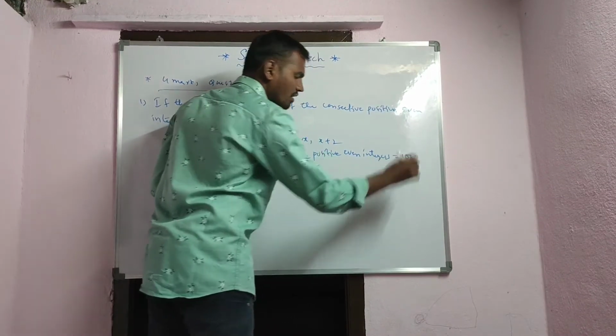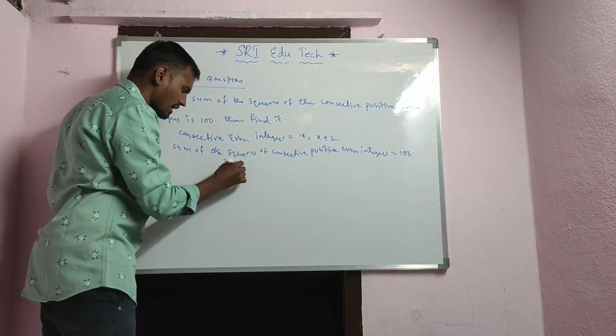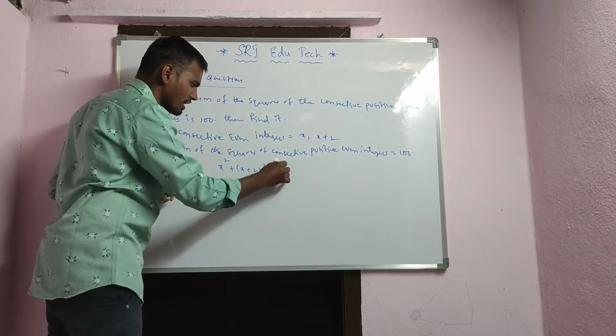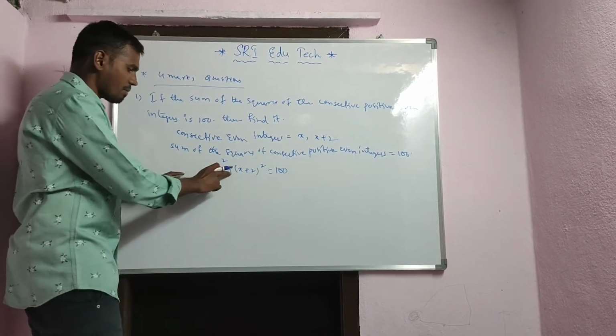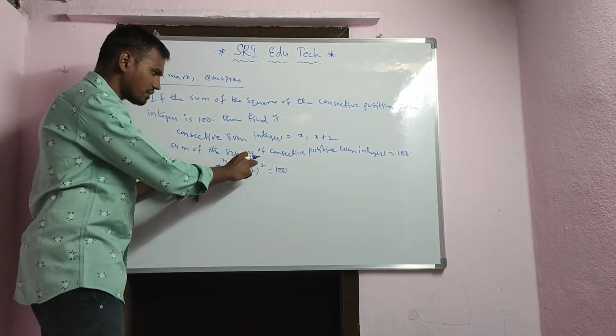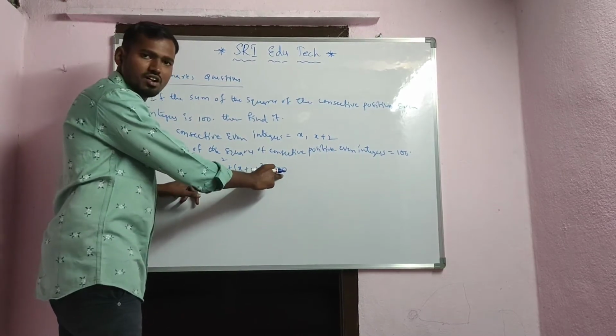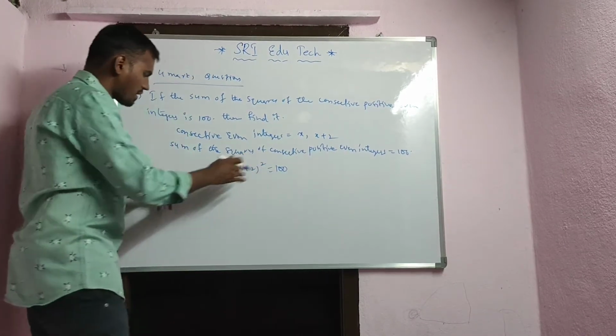So x square plus x plus 2 whole square is equal to 100. Okay, let us expand it.